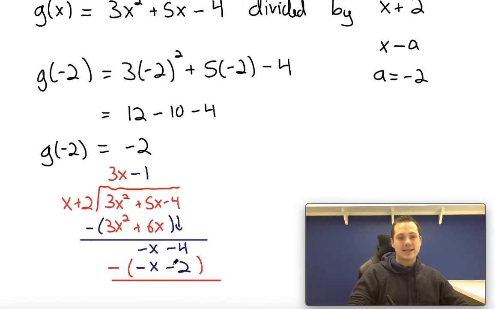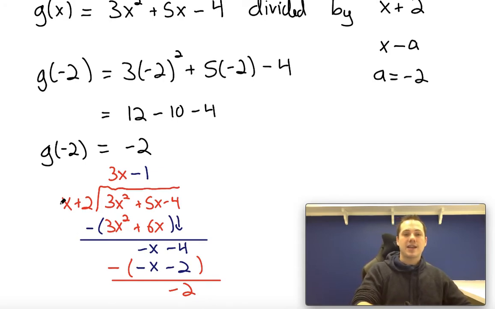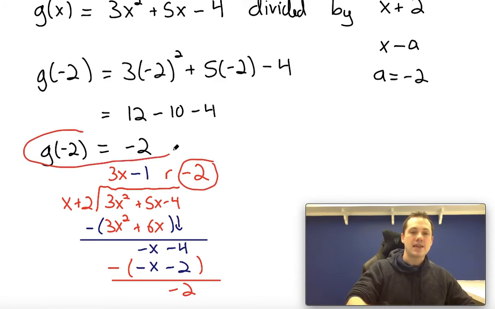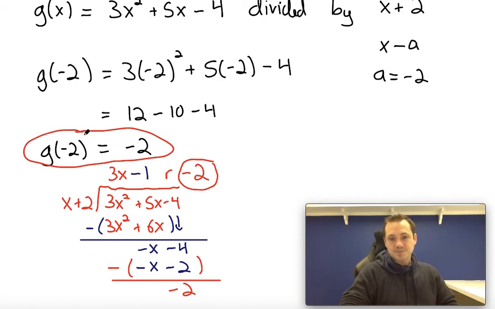Negative 4 minus negative 2 is going to be negative 2. Now, can x go into negative 2? It cannot. So we know the remainder is negative 2. And we can see very nicely, once again, that these two answer choices match up, that our remainder is negative 2, and that g of a is also negative 2.